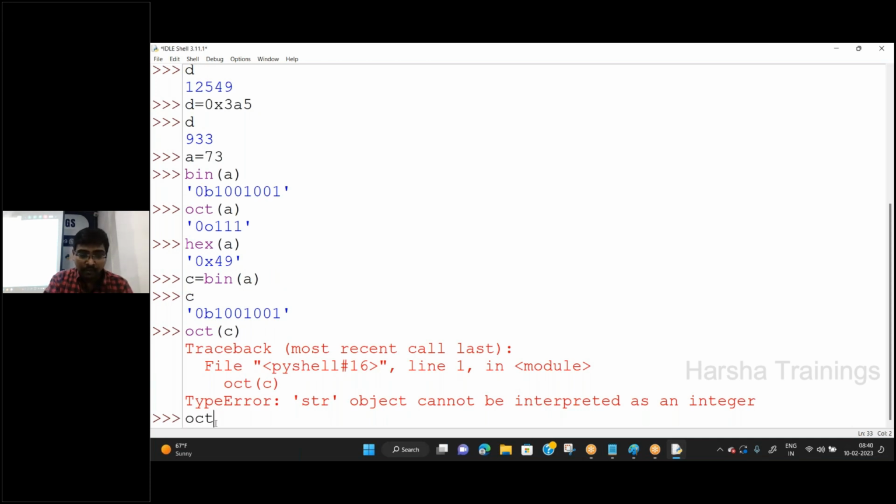For example, right now understand this one. What is the string? Here you observe: here I am printing D, and it directly prints the value. Suppose I am printing bin of A, the answer is in quotation. What is meant by quotation?